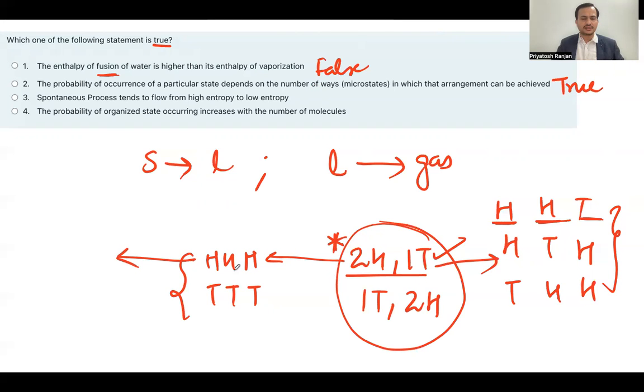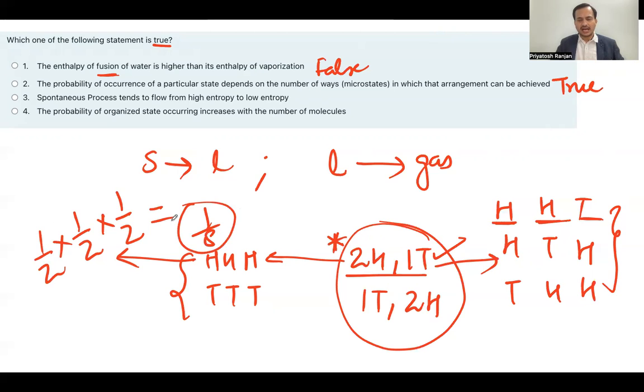If I'm going to compare this with this, what is the probability of occurrence of this particular state? The first is going to be head, 1/2, into the second coin having head, again 1/2, and the third having head, again 1/2. So that is going to be 1/8. I hope I have not missed any other combinations.